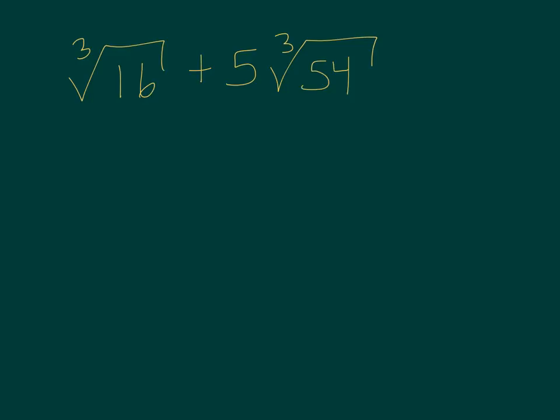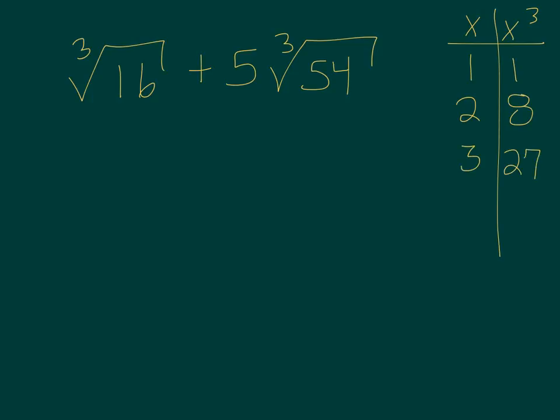For the last example, let's do a cube root. Let's do the cube root of 16 plus 5 times the cube root of 54. Now it's helpful here if we know what the perfect cubes are. So 1 cubed is 1, 2 cubed is 8, 3 cubed is 27, and 4 cubed is 64.